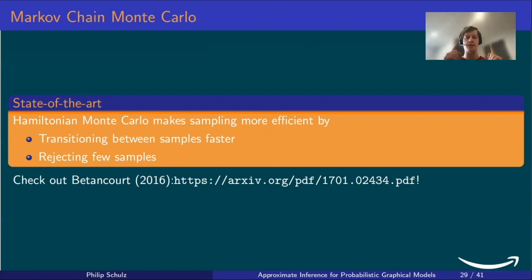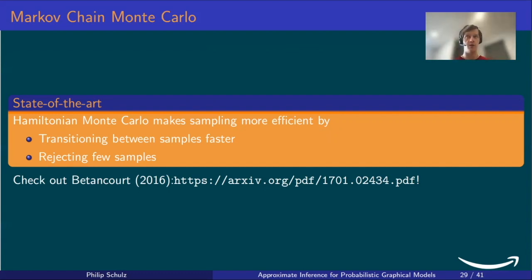So the distance between two adjacent samples is going to be large compared to Metropolis Hastings. So as I said before, worst case scenario would be that we never move, right? We just stick with this one sample. Well, what Hamiltonian Monte Carlo is going to do for us, it's going to not only move us away from the sample, but it's going to move us away from the sample very, very far.